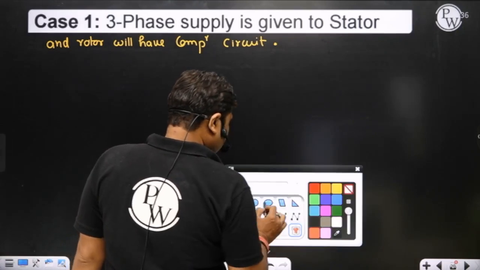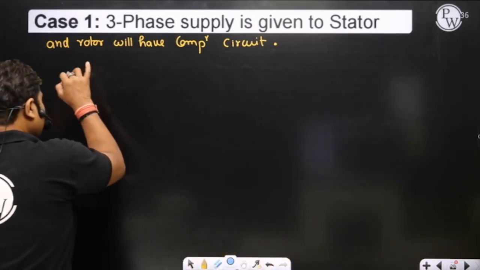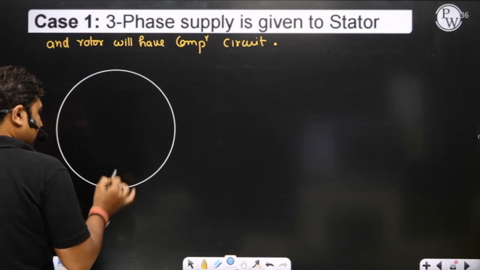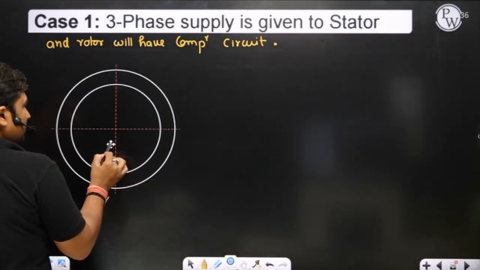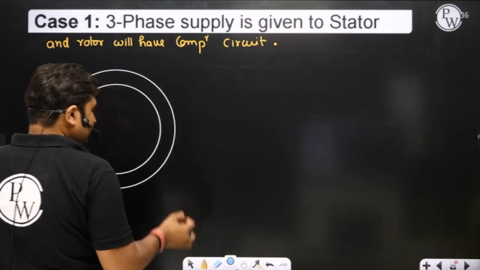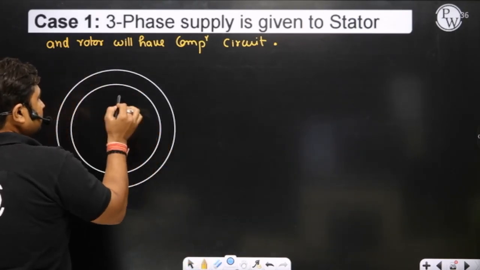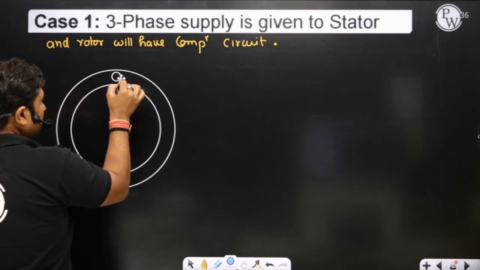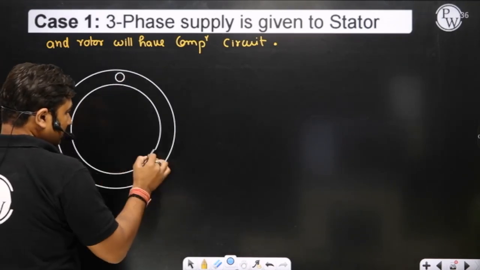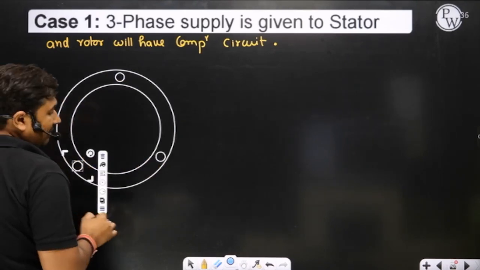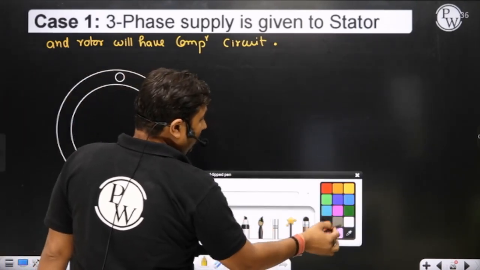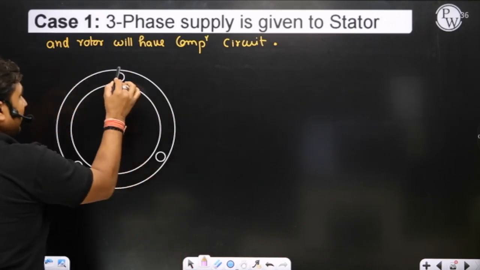Please observe. Suppose we have a 3-phase stator. I am indicating here. We have a 3-phase stator. So when I am saying 3-phase stator, it means stator windings are being displaced by 120 degree in space.